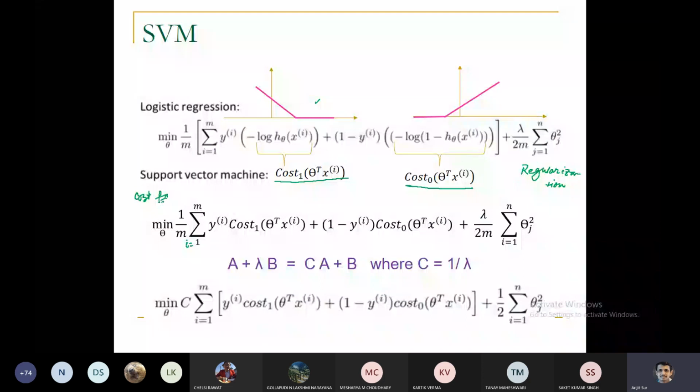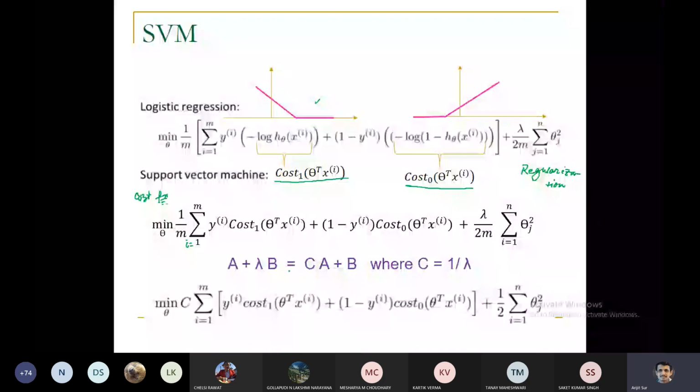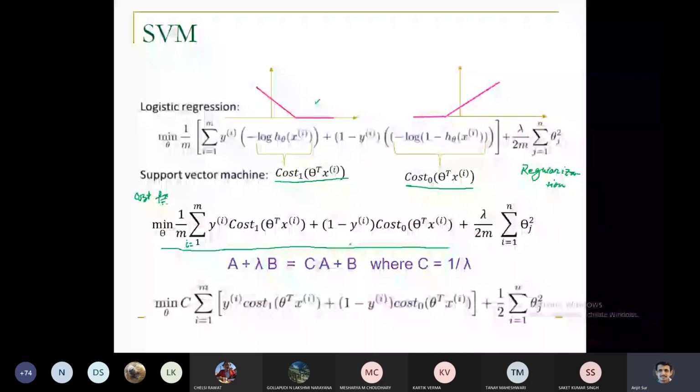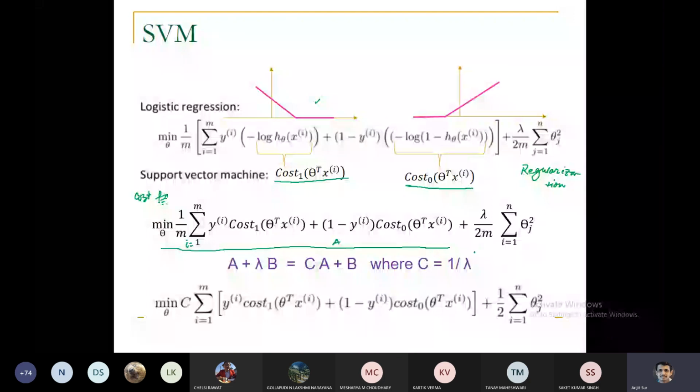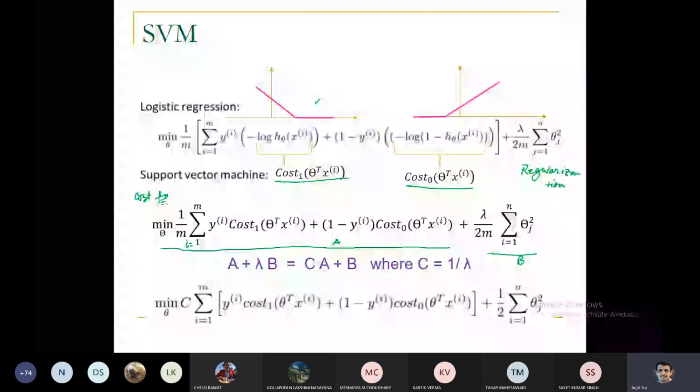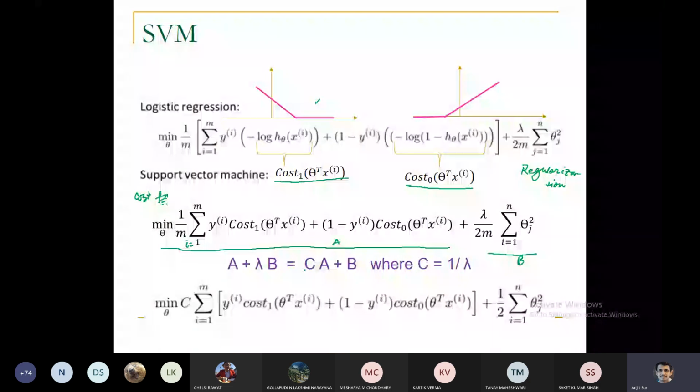This cost function is something like A plus lambda into B. This total minimization part is called A, and this is lambda, and the rest, leaving lambda, we can say B. So we can say C times A plus B, where if you divide by lambda, then C A plus B, so C is equal to 1 by lambda.